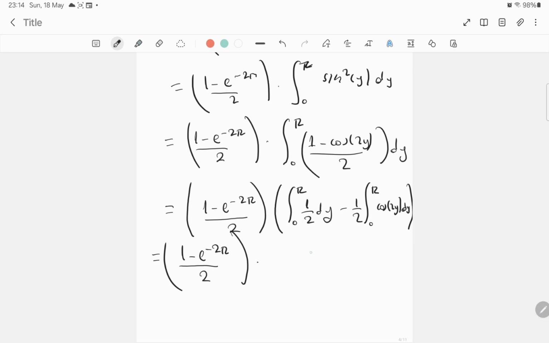The first integral here is going to be a half times pi, minus 1 over 2, and this integral is sine 2y over 2 from 0 to pi.